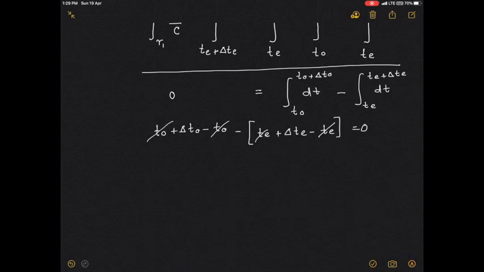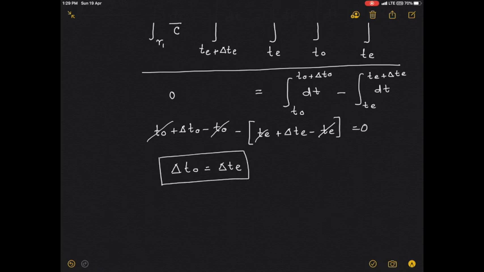You immediately see that t0 cancels out, te cancels out, and this minus that essentially means that delta t observed is nothing but delta t emitted.